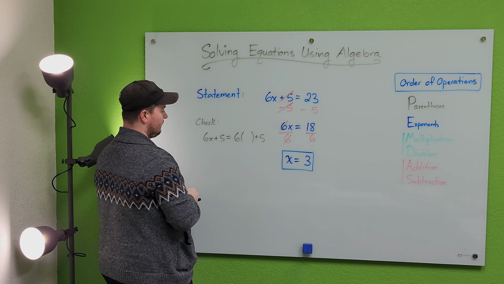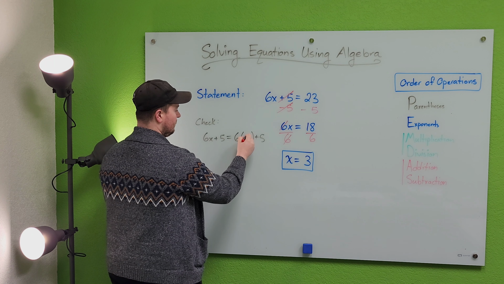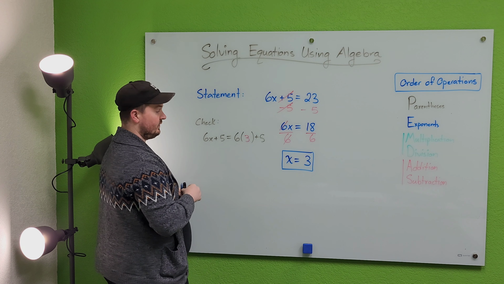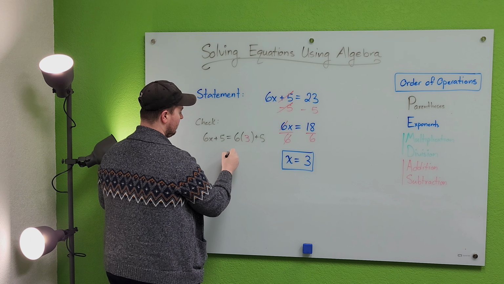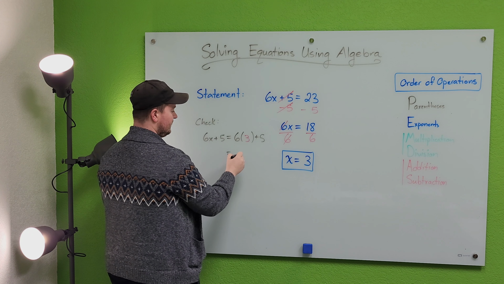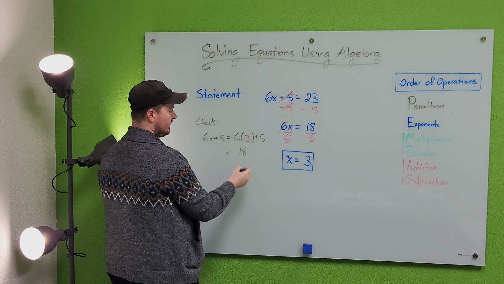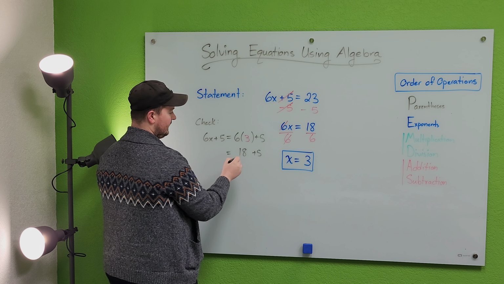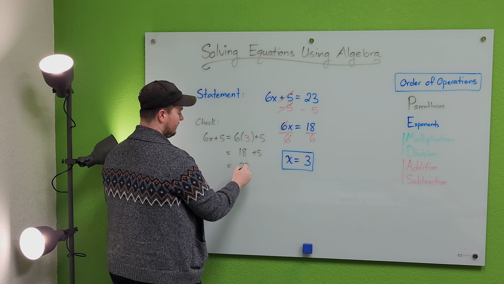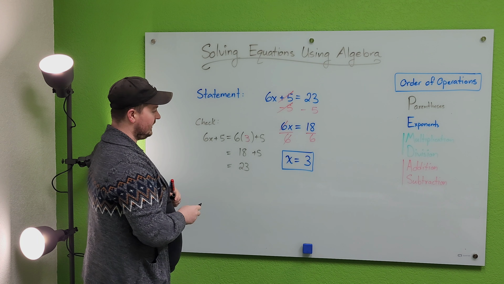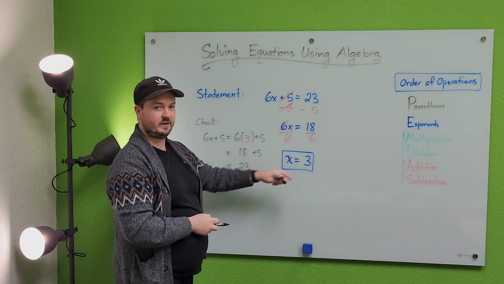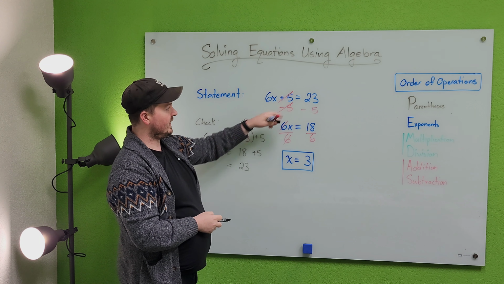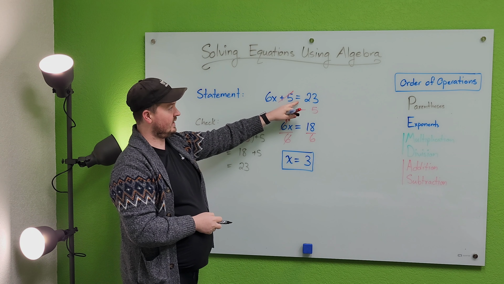And now, where we originally had an x, we are going to plug in the number 3. So 6 times 3 is 18. We can bring down our plus 5, and 18 plus 5 is 23. So yes, if x is 3, then 6x plus 5 is in fact the same as 23.